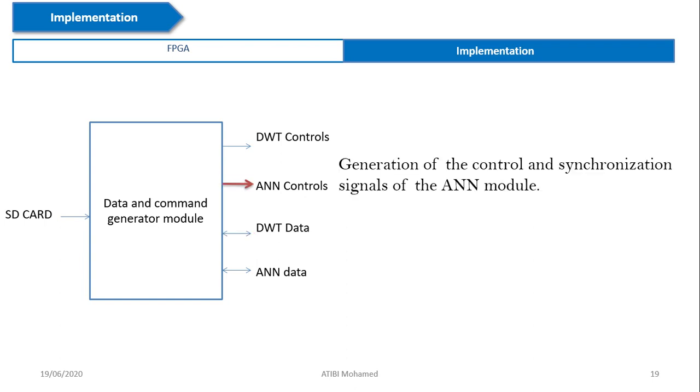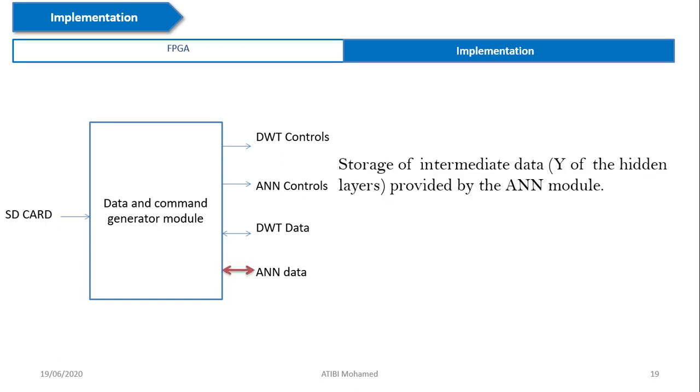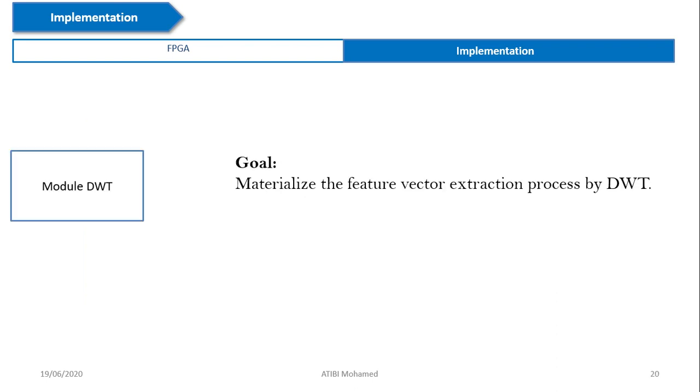The second step is to take this DWT data vector and generate the control and synchronization signals for the artificial neural network, generate the data for this block, and store the intermediate data of the hidden layer provided by the artificial neural network.